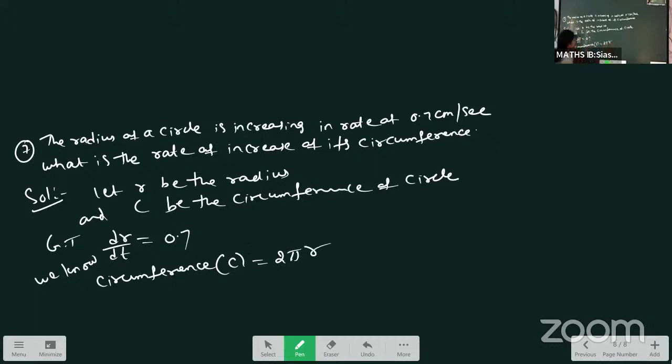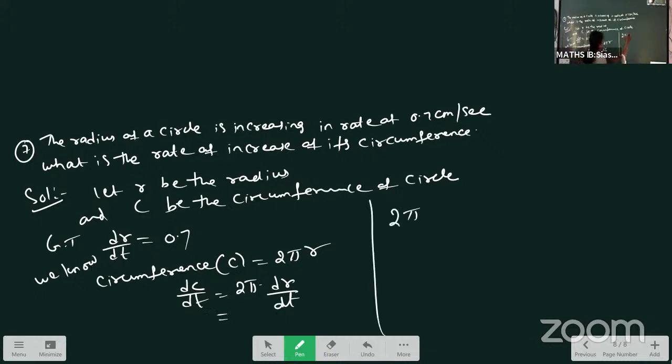Differentiate: dC by dt is equal to 2 pi into dr by dt. So substitute the value here: 2 into pi into 0.7, the dr by dt value. So now simplify. 2 into 0.7 is 1.4 pi as it is.